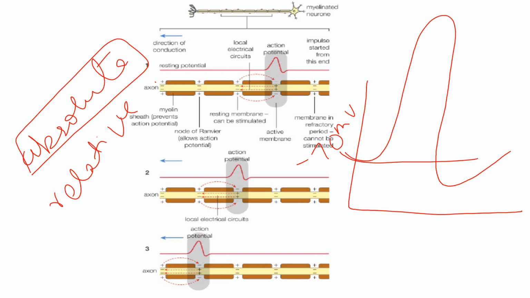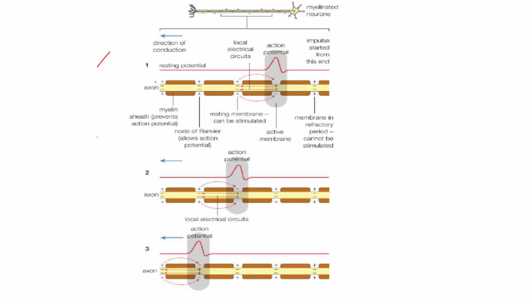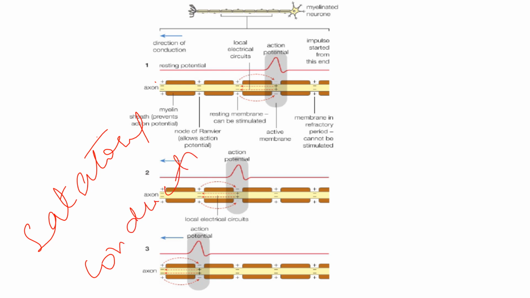Now, when we talk about our process of conduction, we have something known as saltatory conduction. What is saltatory conduction? In myelinated neurons, the situation is much more complex.